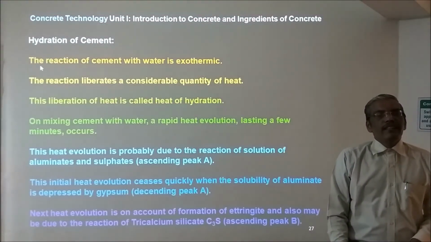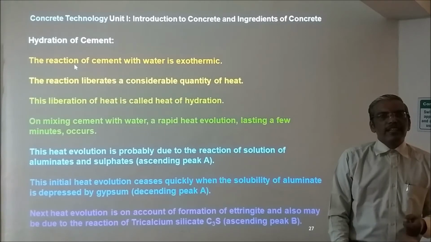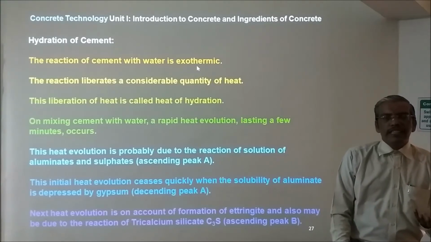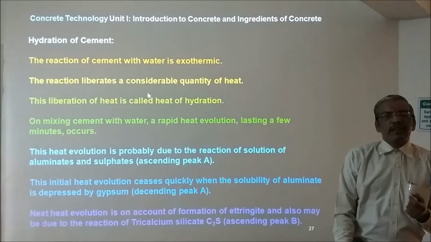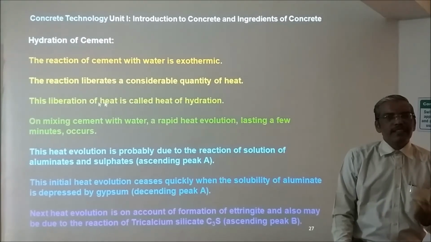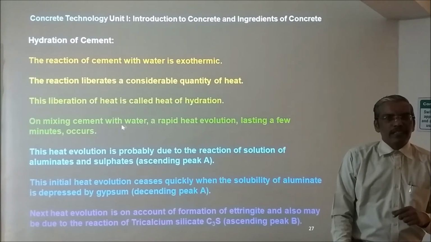Here the hydration of the cement, the reaction of the cement with the water, is exothermic. So here the heat is liberated. The reaction liberates a considerable quantity of heat. The liberation of heat is called the heat of hydration.